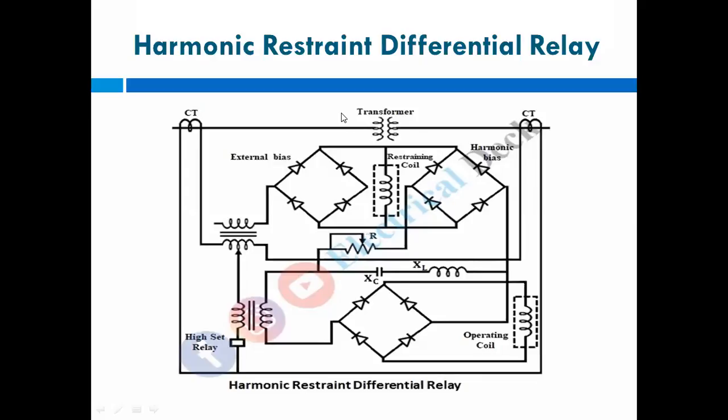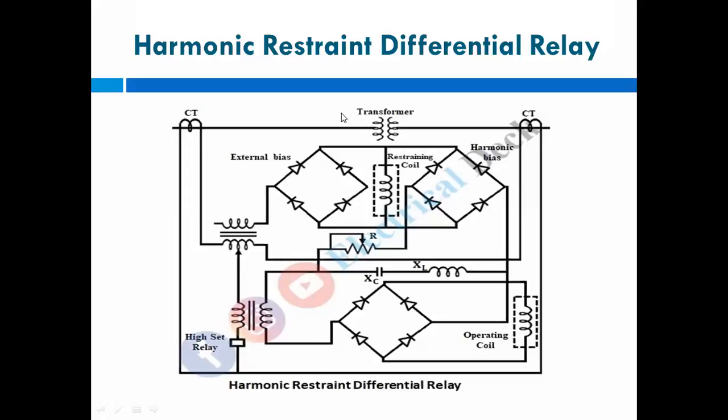Okay, so when we consider that magnetizing inrush currents are there, at that time they also produce higher harmonics. I told you in the last lecture. And when there are simple faults, whatever harmonics are produced are fundamental harmonics.